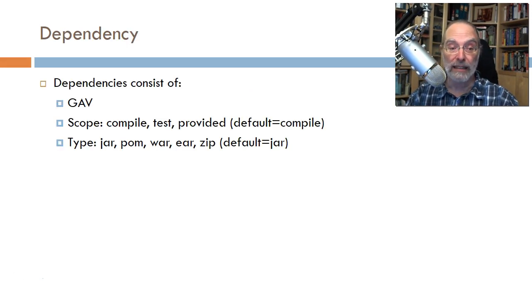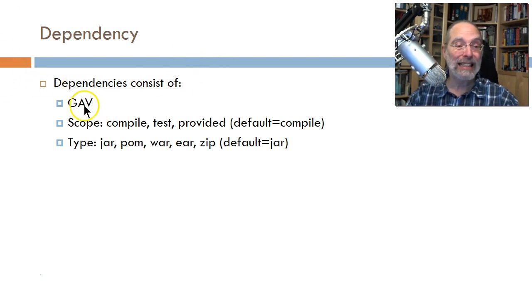Our dependencies. Dependencies are blocks in our POM that indicate the name of a library file, a code that's stored in a repository. When we build a project, Maven will first look for dependencies in your local repository, and if it can't find them, then it will go to the remote repository.